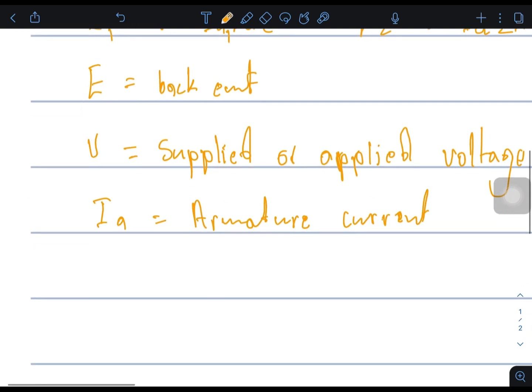Then RAC is the armature circuit resistance. You will see it when we do a calculation: the armature circuit resistance is basically the total resistance in the armature circuit.